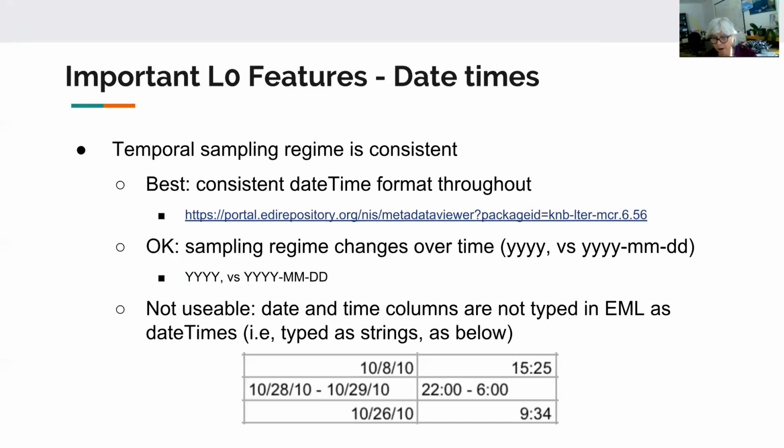Now there are date time checks for EML now, but if you don't type the column as a date time, that check can't be run. So ideally, that's what you're doing with incoming data, so that we can actually trap this situation. This data set isn't actually in PASTA, and it's now been cleaned up.